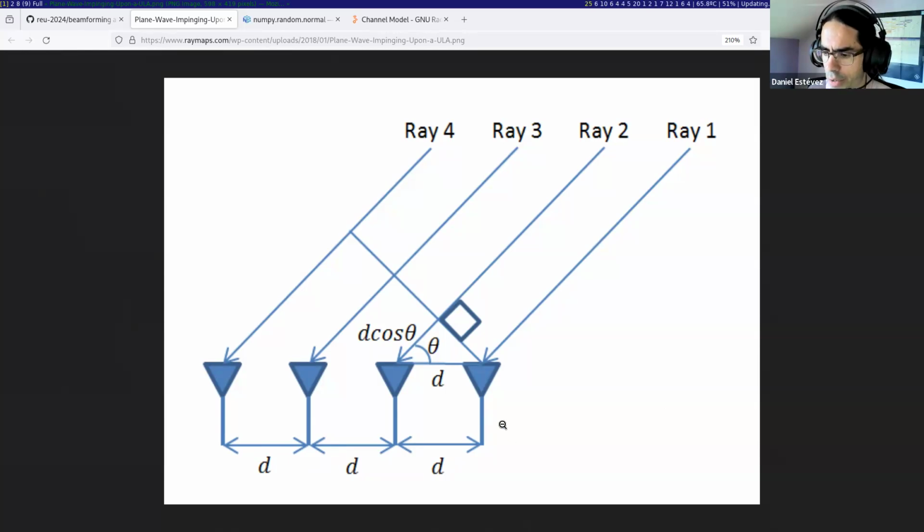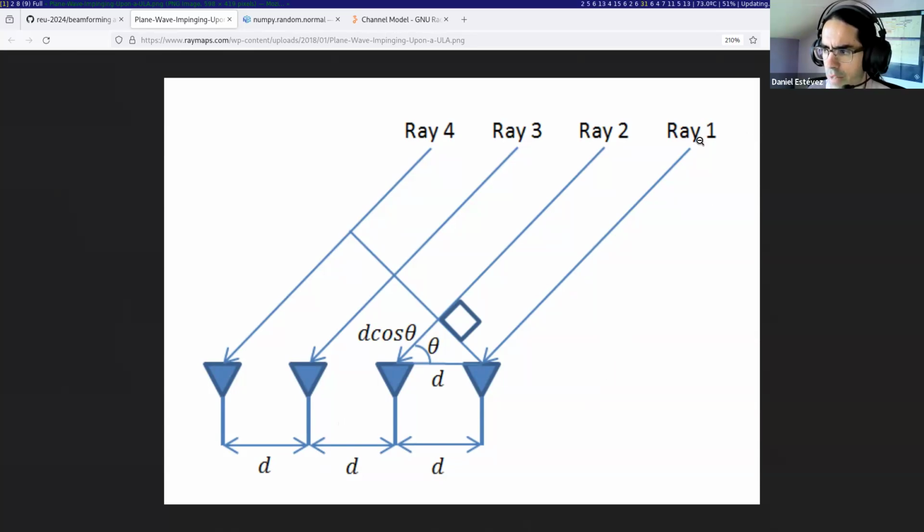So here there are 4 antennas in this diagram. In the flow graph, I have 6 of them, but it doesn't matter. You could have only 2 antennas or as many as you wanted. The thing that changes is your beam width, your synthetic beam width, and we will see what that means in a minute.